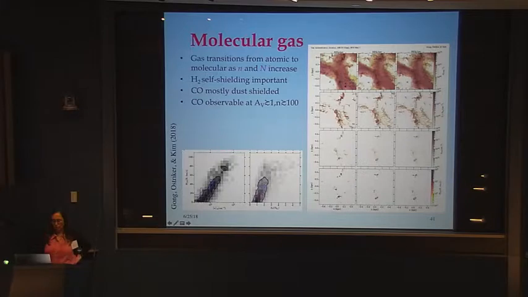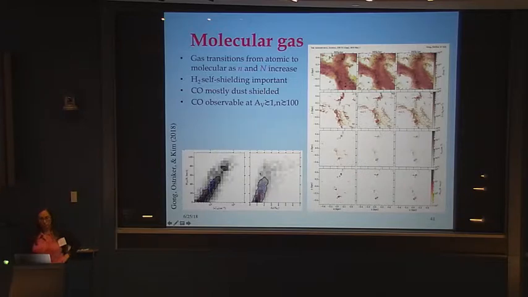This is from doing chemistry on a large-scale ISM simulation. Again, this is showing where there's H2, showing where there is CO, and this is showing W_CO as a function of density and column.